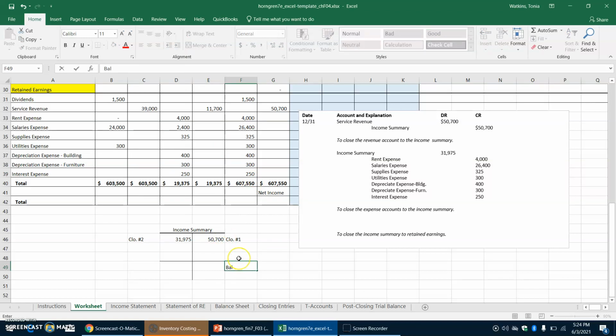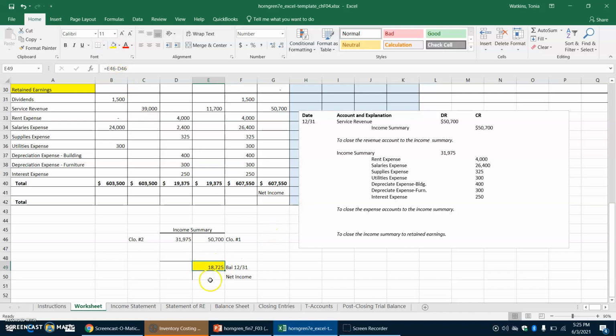Balance on 12/31. So my revenues minus my expenses, and that equals $18,725. And that should be the number for net income. If you were to prepare an income statement, that would be this number here.